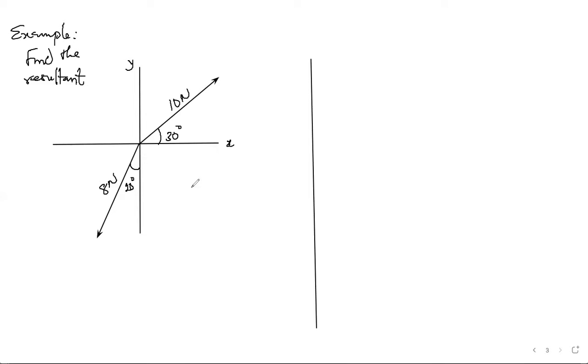So what do we do here? Now, this is a little bit different from the previous one, because in the previous example, we had just one force. So in this example, we have two forces. So what we need to do is that we need to find the summation of all the forces acting along x. So that will give you f of x. So f of x will be summation of all f of x, because we have f of x for this, we have f of x for this.